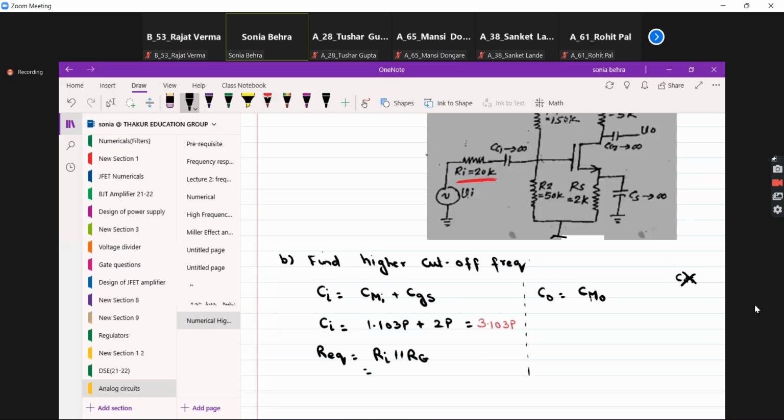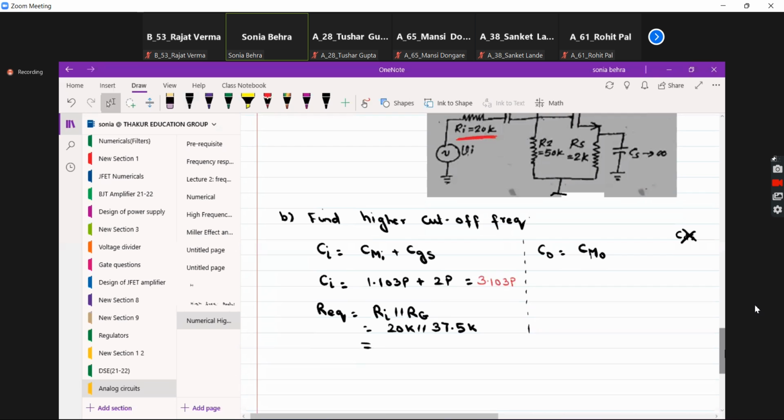So this is equal to 20K in parallel to RG. What is our RG value? 37.5, I think. 37.5K. So find out R signal. Is this part clear? In the formula we derived last time, it was R signal, but in the numerical the same quantity is given the notation RI. So I've just put in RI in parallel to RG.